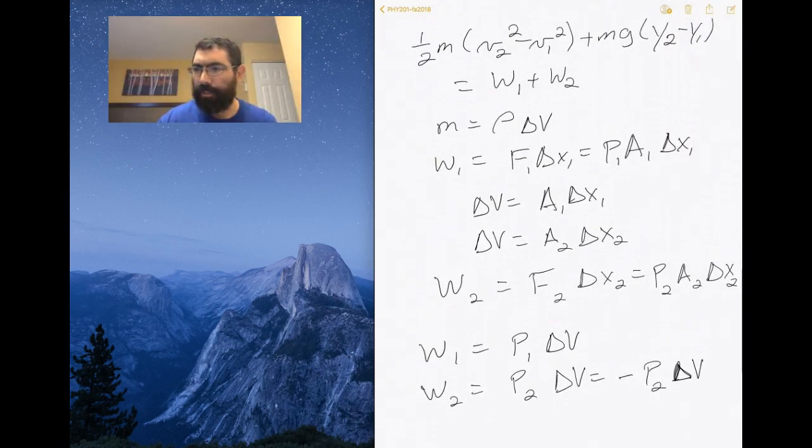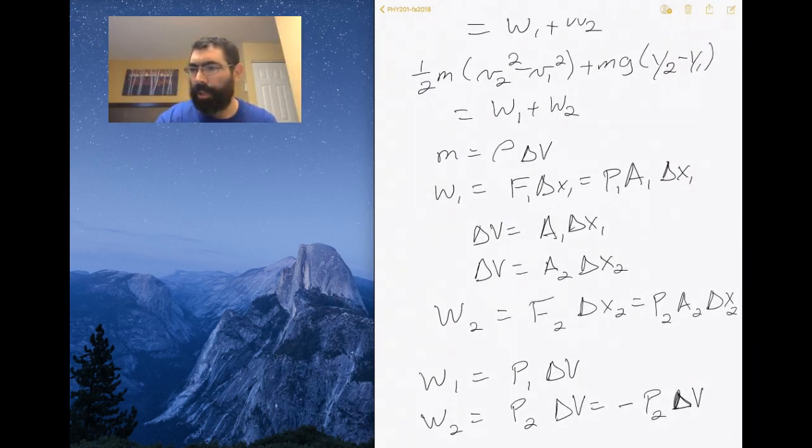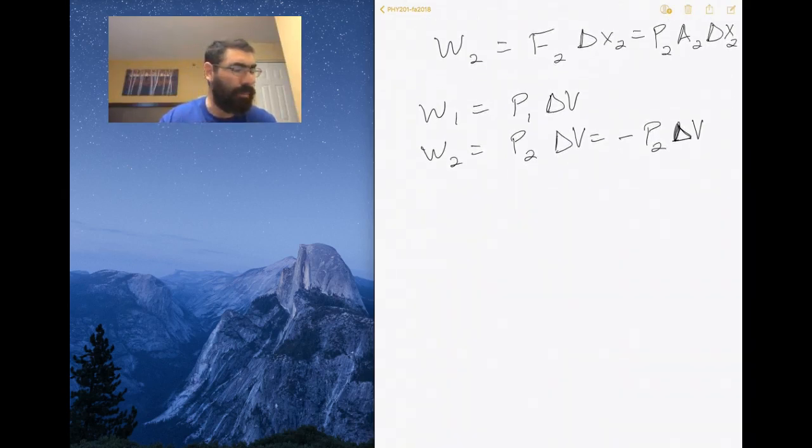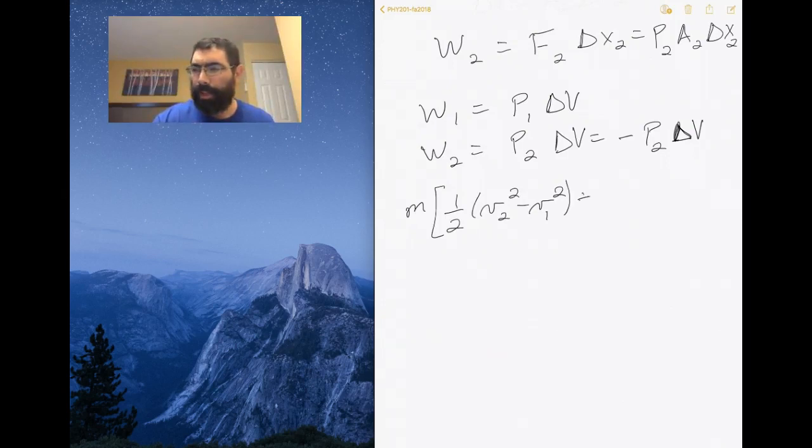We'll look at our energy terms, our kinetic and potential energy terms. So if I factor out the mass, I have 1/2 the change in the velocity squared plus g times the change in the heights is equal to pressure 1 minus pressure 2 times the volume.